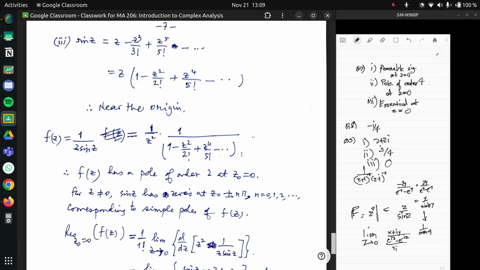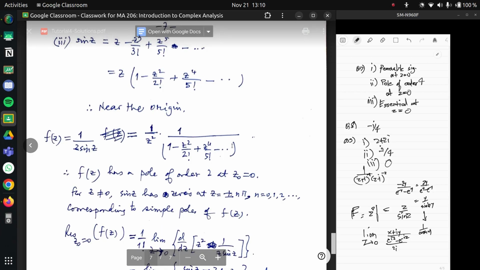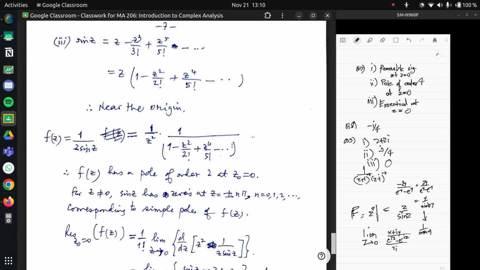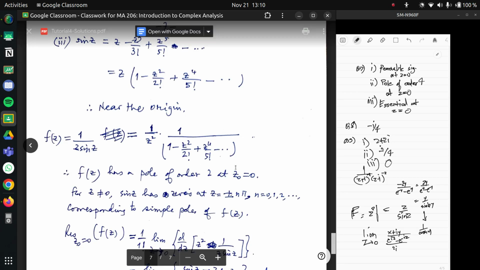It will be, right? Like, consider z equal to pi. At that point, this will in fact be 0. So how are you so sure about it? At z equal to 0, this thing will not be 0. So it's analytic over there. I see. Because this function is analytic, and so 1 upon this function is also analytic.